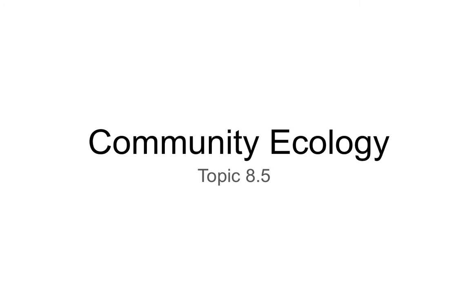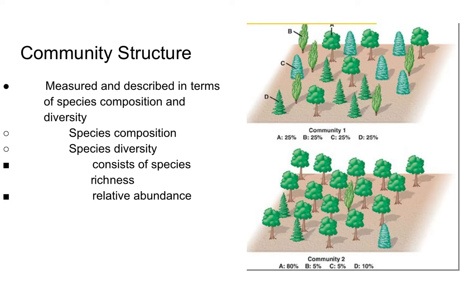So here we go. When we use the word community in biology, we're not just talking about one individual group of species. We're talking about all of the species that live in an area and the physical location of where they live as well. So we can measure and describe a community in terms of the species composition, so who all is present, and then also the species diversity, how many different kinds of species we have.